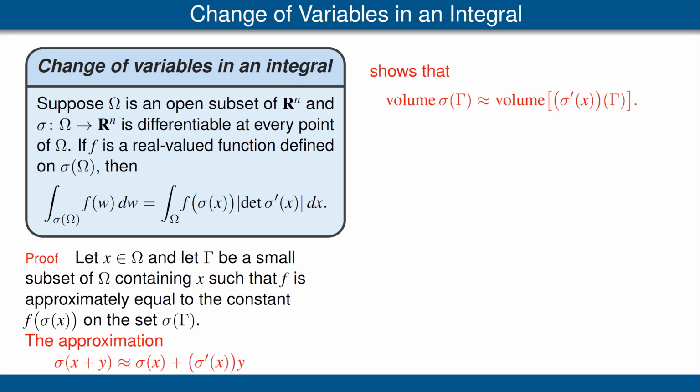We're interested in estimating the volume of sigma of gamma. For this approximation formula, sigma of x is just a constant, and translating a set by a constant vector does not change the volume. So we get the new approximation shown in the right column. The volume of sigma of gamma is approximately the volume of sigma prime of x applied to gamma.